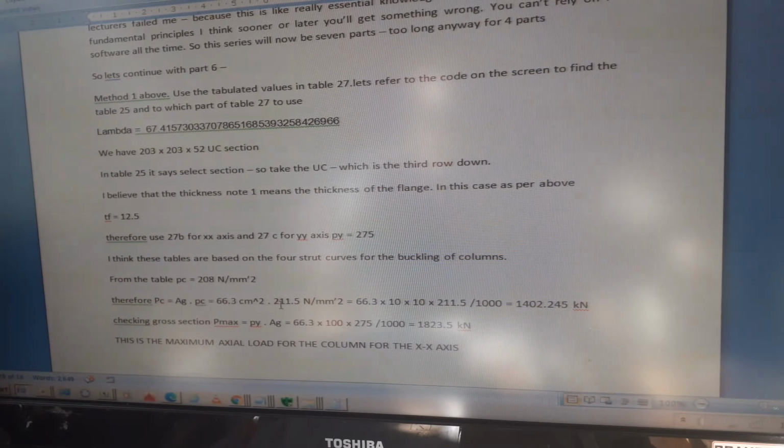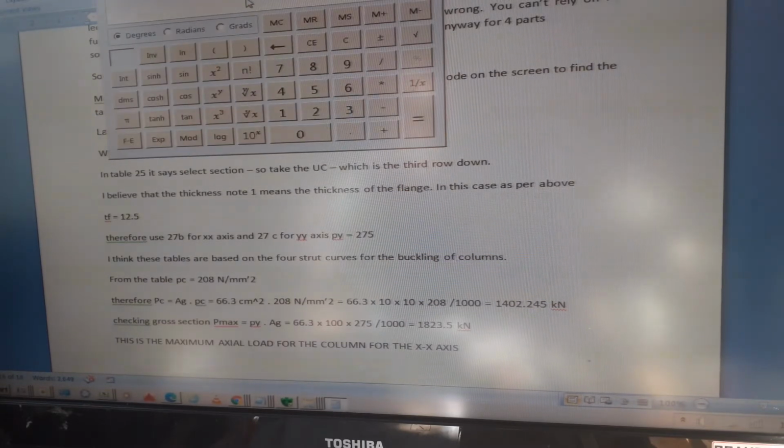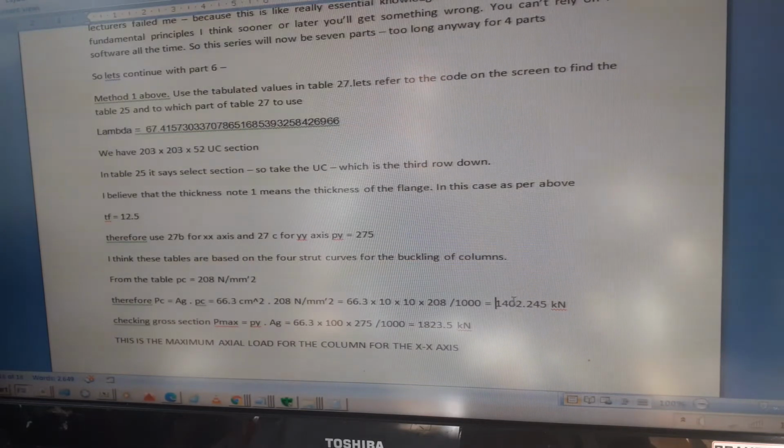That's 66.3 times 10 times 10 times 208 newtons per millimeter squared. Let me check that again: 66.3 times 208, divided by 100, gives 137.904 kilonewtons.